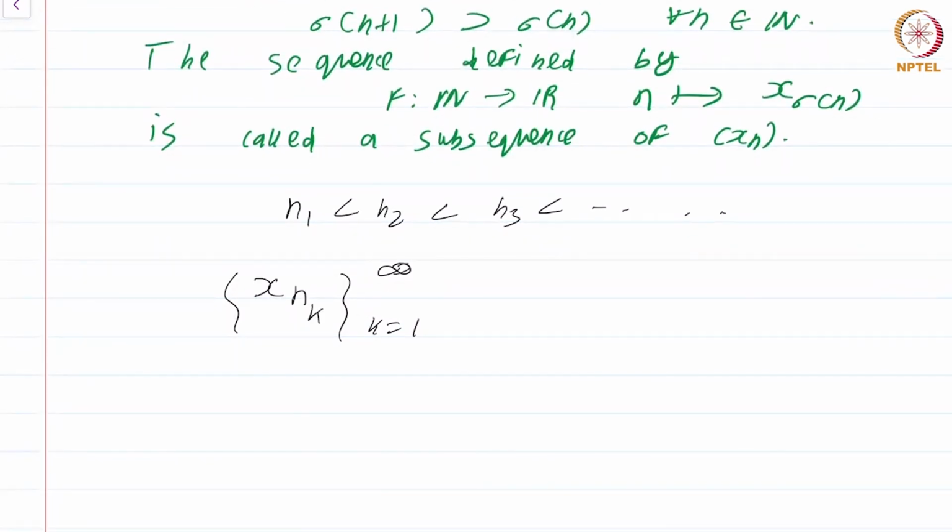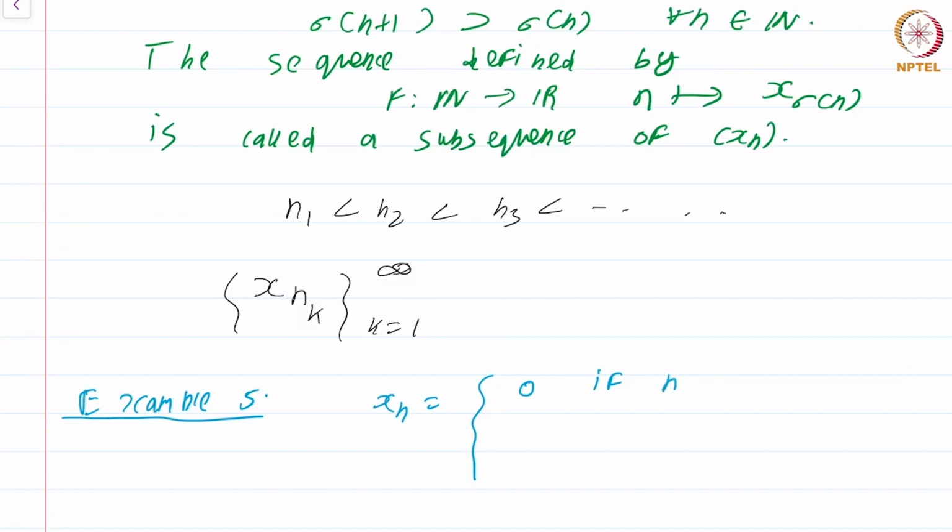Now, let's see some more examples. Continue with the examples of sequences, and at the same time see examples of subsequences also. Example 5. You define xn in a somewhat convoluted manner.